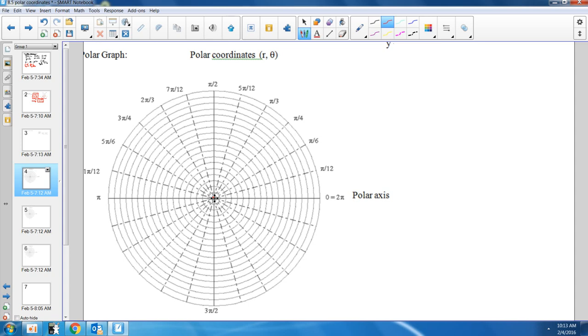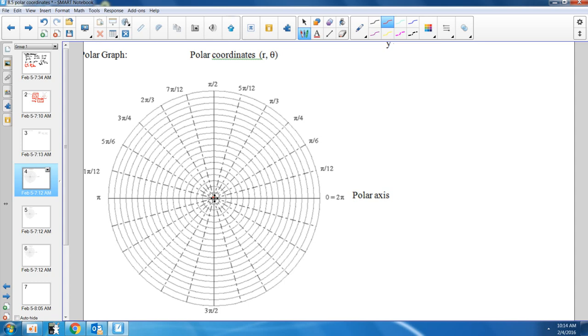That's not different. And then you have something called concentric circles, which means with the same center. But with those concentric circles, you count the circles, and that's how you're counting your R. So the first circle would be 1 out, second circle would be 2 out, 3 out, etc.